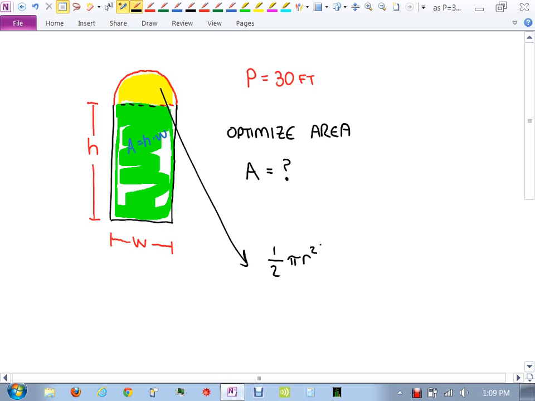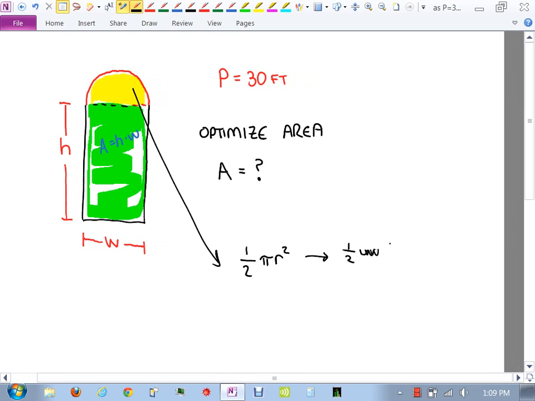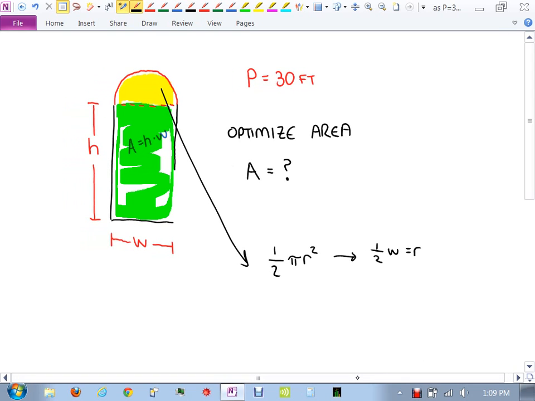However, we actually know something about r, don't we? Isn't the radius half of w? Because w is the diameter of the circle, so half w is the radius. So using the fact that 1/2 w equals r, this formula would be 1/2 pi times (1/2 w) squared.